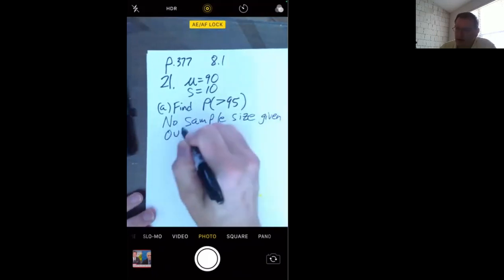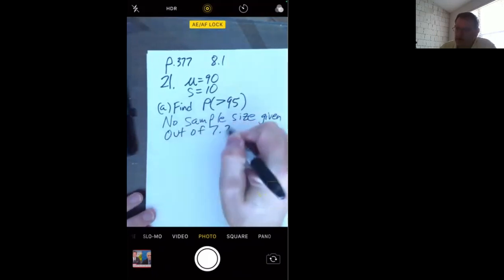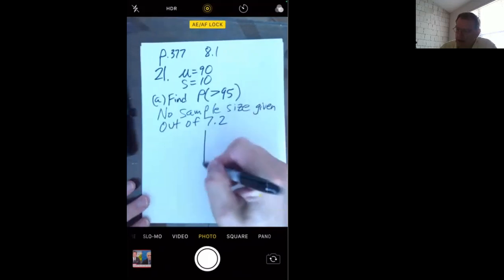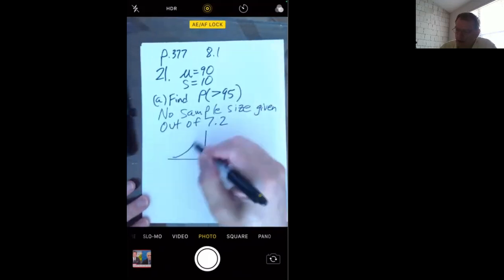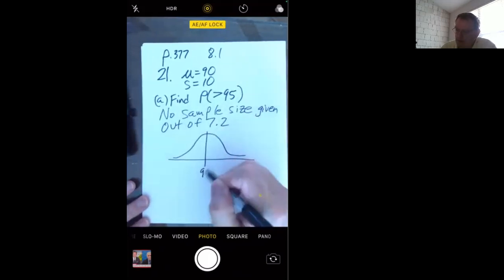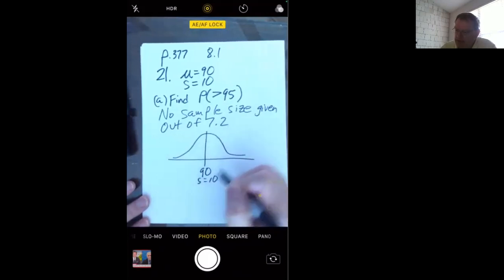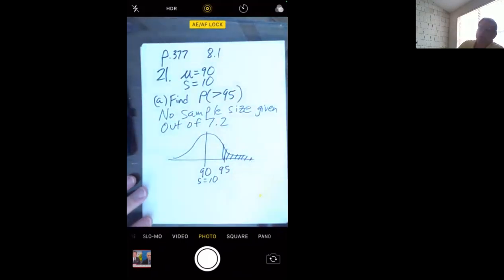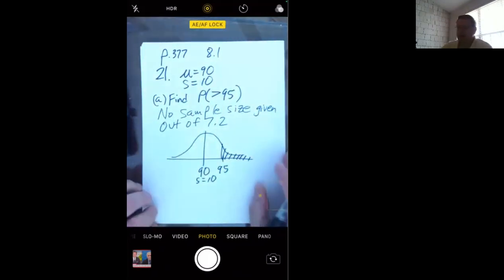This is out of 7.2. So mean of 90 in the middle, standard deviation is 10. 95 bigger. We want the probability a student will read more than 95.